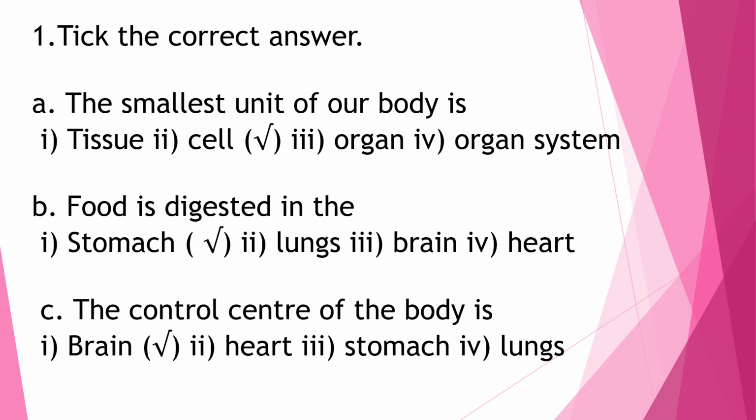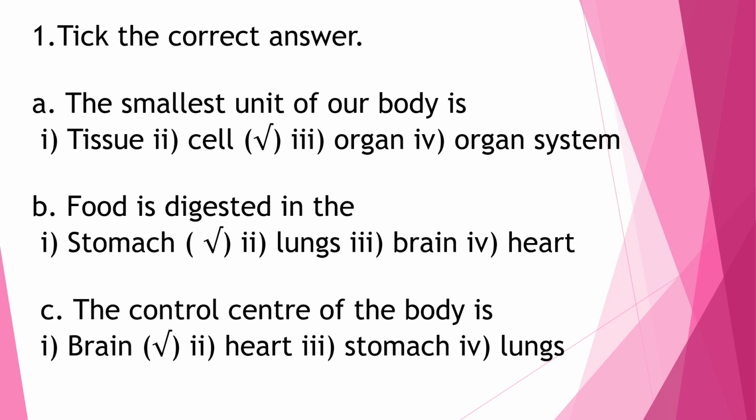Then, the second question is, food is digested in, and the options given are stomach, lungs, brain and heart. Children, in this question, we need to answer where our food is digested.